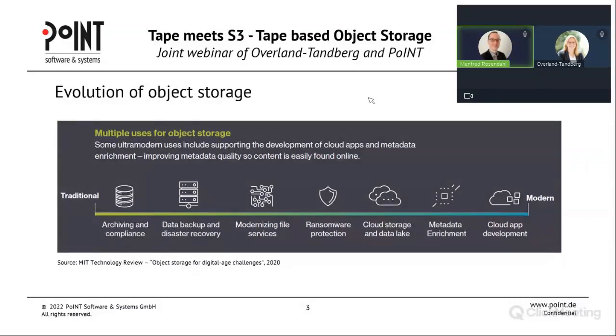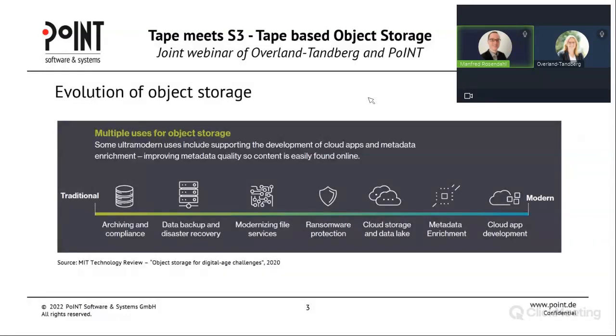When we look at how object storage has evolved, it is very interesting to see how workloads have changed. Basically, we can distinguish between traditional and modern use cases. Already the first object storage systems many years ago were used for archiving and compliance use cases. Another traditional workload is to store backup data on object storage.